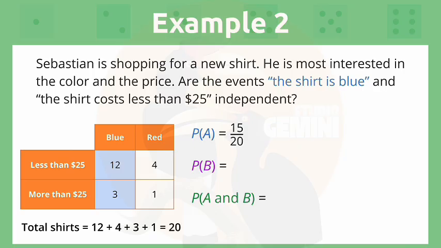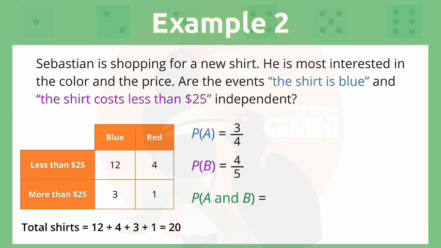So that means the probability that the shirt is blue is 15 over 20, or 3 over 4. Now let's let event B be the shirt costs less than $25. There are still 20 total shirts, and 16 of them are under $25. These 12 blue ones and these 4 red ones. So the probability that the shirt is under $25 is 16 over 20, or 4 over 5.